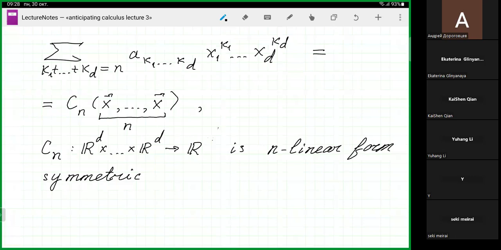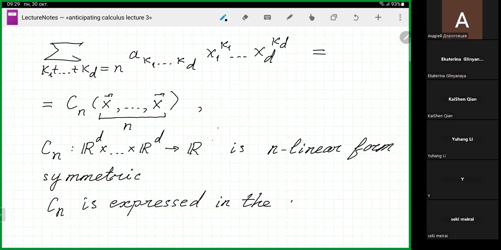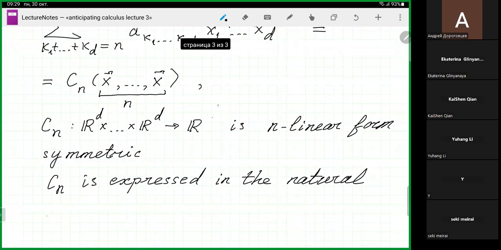How can I relate this expression to the previous one? I will suppose that Cn is expressed in the natural basis e1, ..., ed as follows.